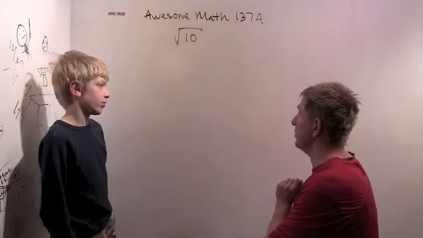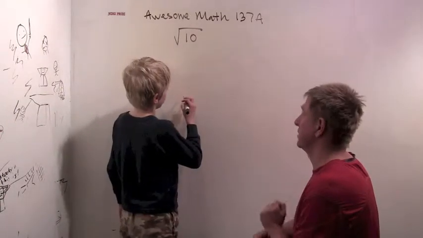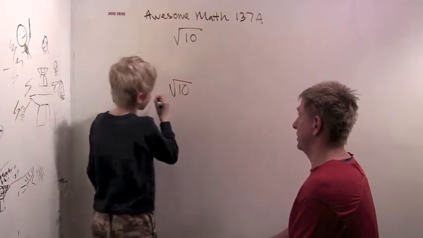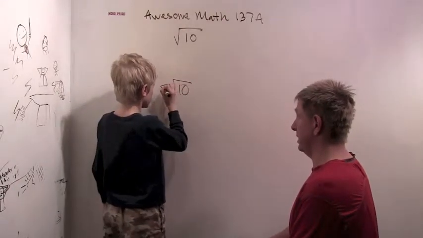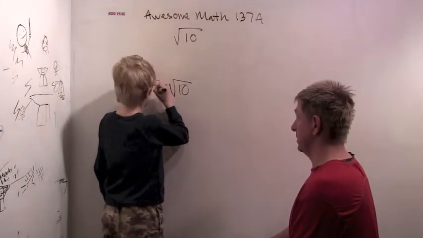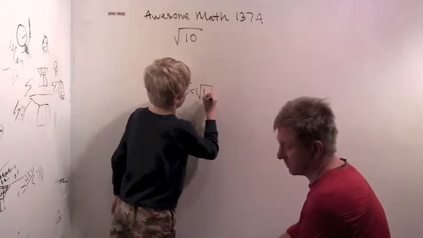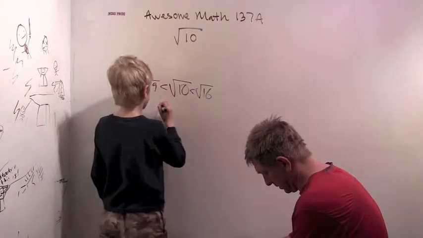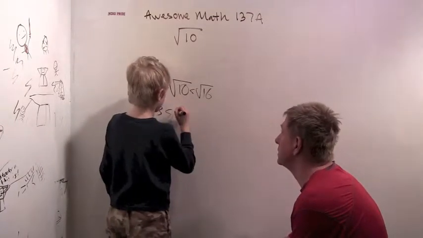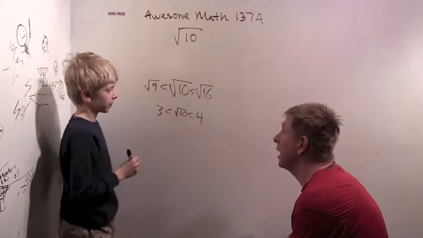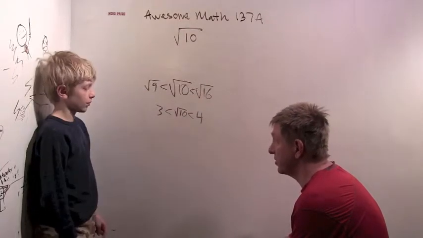Okay, so how do we calculate a continued fraction? We have to split, flip, and rat. So we've got to find the integer part of the square root of 10. It's between the square root of 9 and the square root of 16, so it's greater than 3 and less than 4.